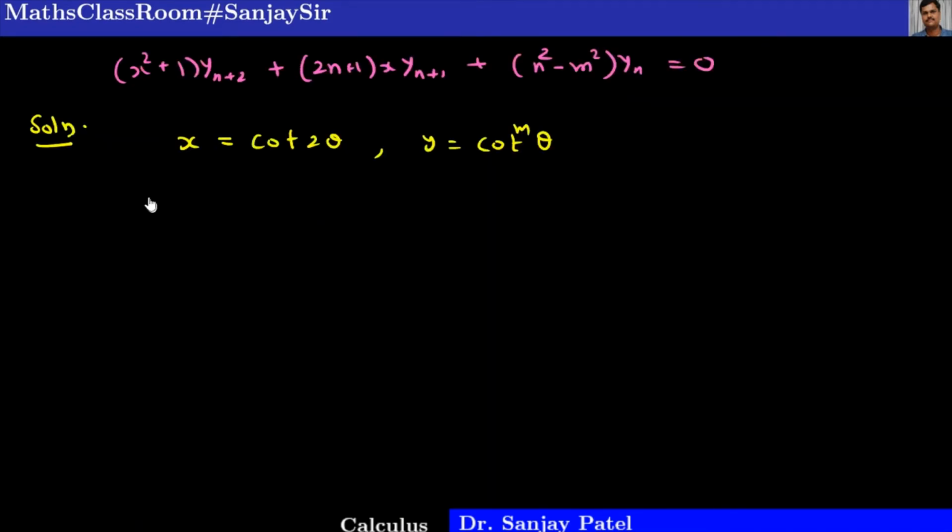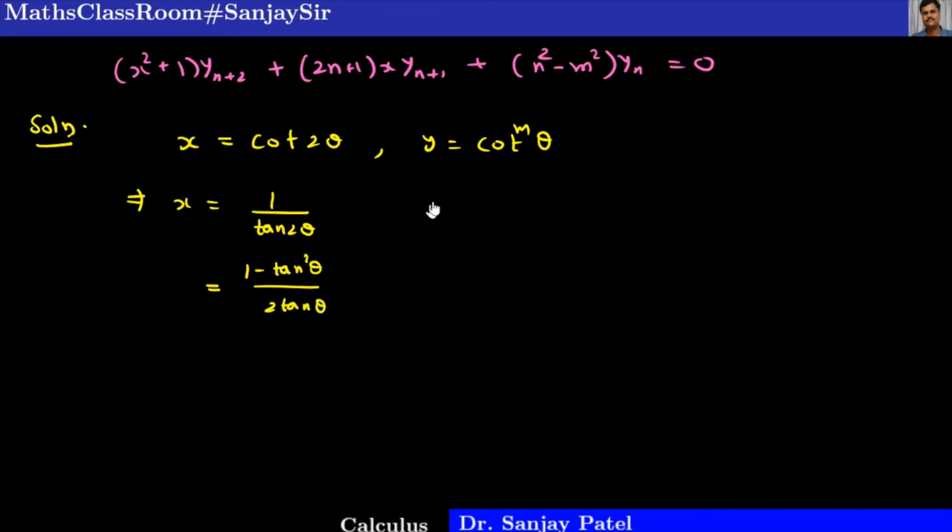So this implies we can write x is equal to 1 upon tan 2 theta. We know the formula of tan 2 theta is 2 tan theta upon 1 minus tan square theta. And then taking the reciprocal, we can write this as 1 minus tan square theta upon 2 into tan theta.